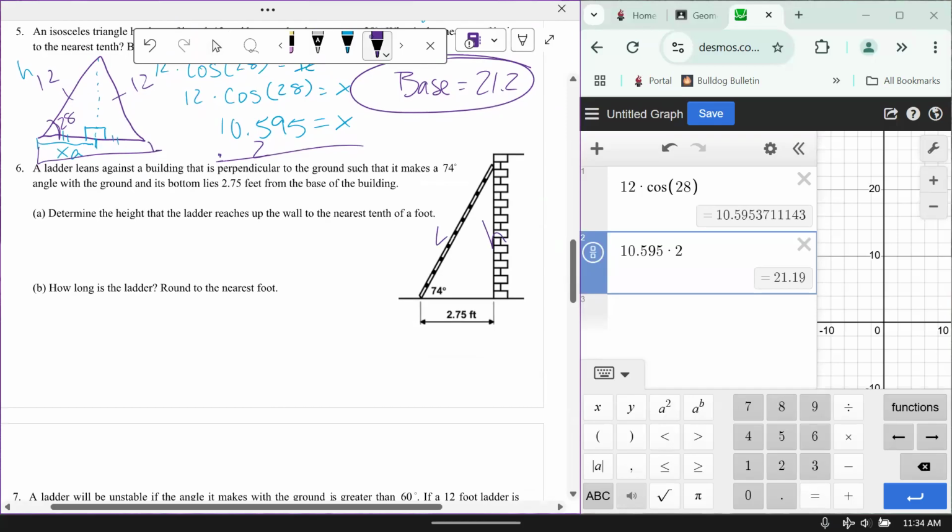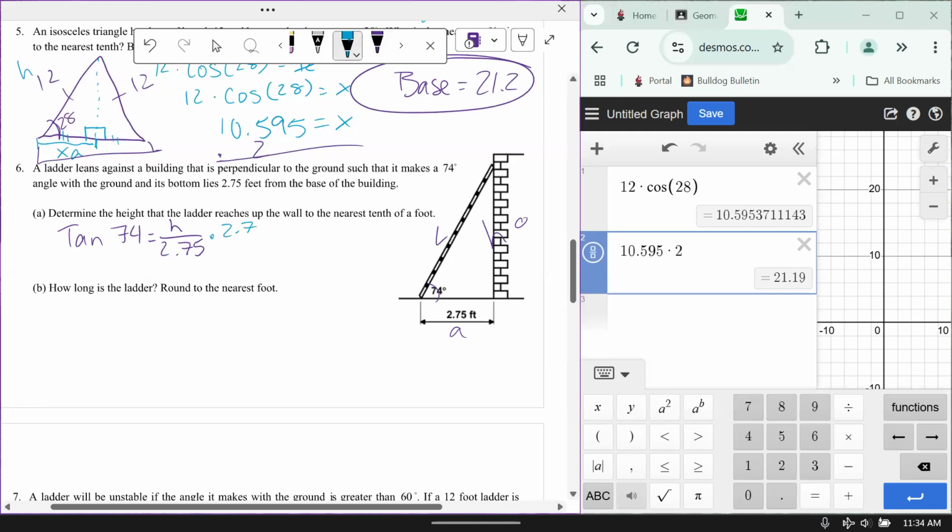Okay, so the first thing we want to do, this is opposite. This is adjacent of our reference angle. Opposite and adjacent is tangent. So tangent of 74 equals opposite, our height, over 2.75. Okay, multiply that out.